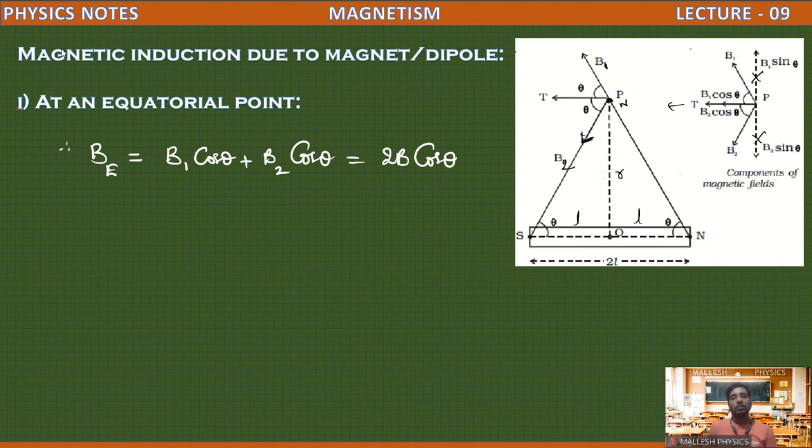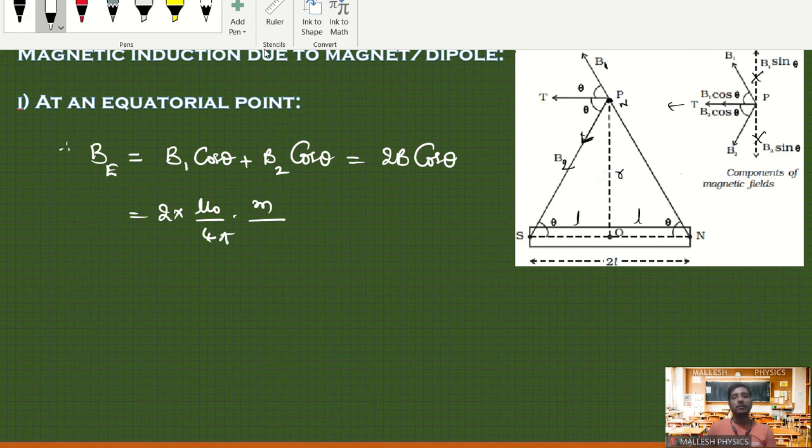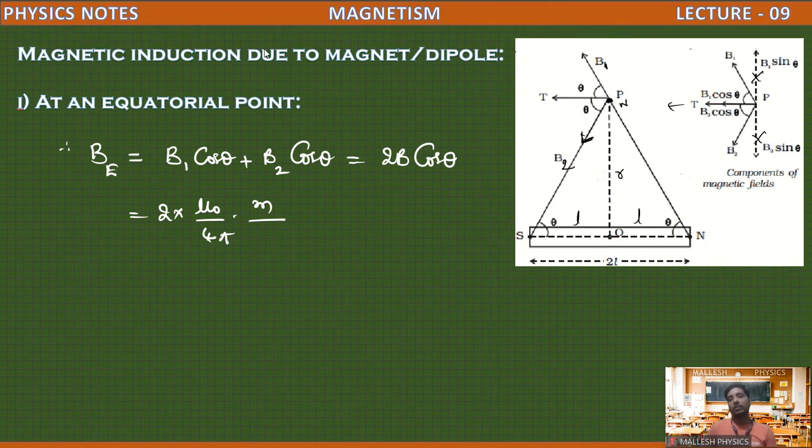So 2 into B means mu naught by 4 pi M by R square. The distance between these two is the square root of R square plus L square.